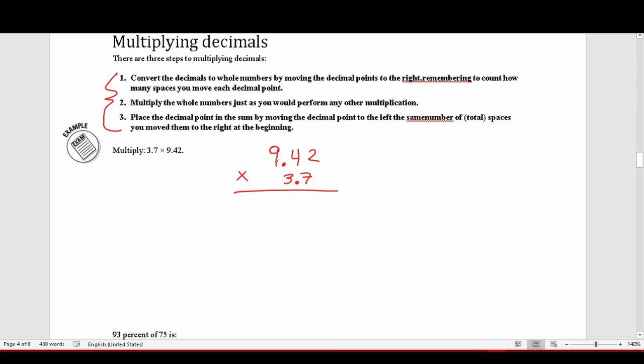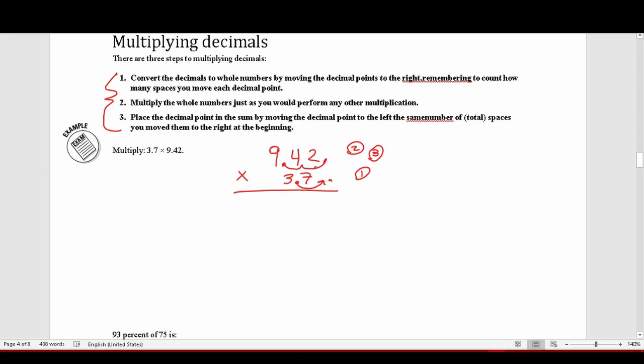So to make 9.42 into a whole number, I'm going to move this decimal place 1, 2 decimal places, and to make 3.7 into a whole number, I'm going to move this decimal place 1 time. So in total, I moved all the decimal places 3. Okay, I move 2 here and 1 here.